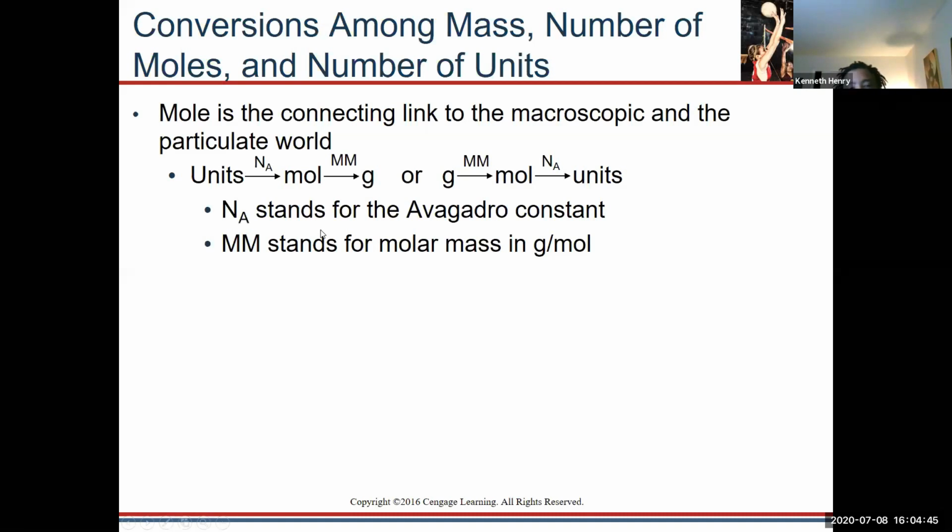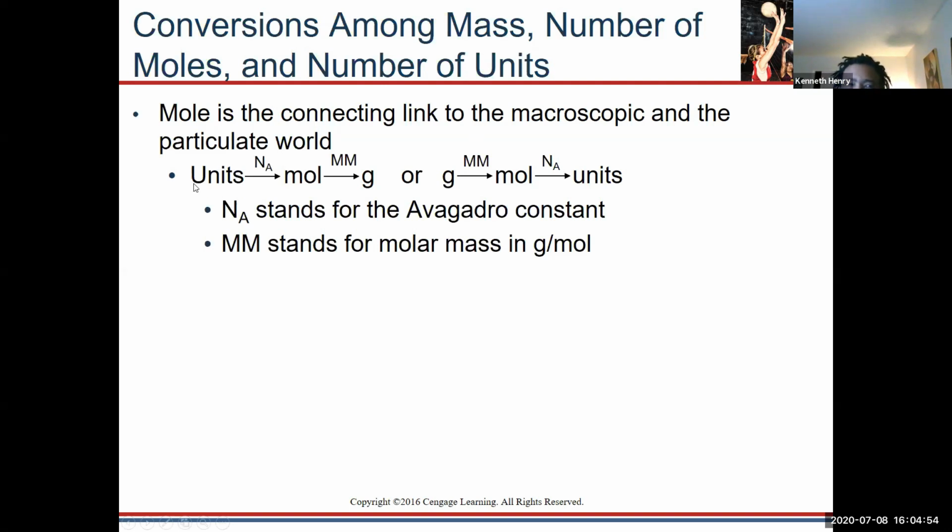Okay, so take home message. This is just a summary slide, right? If I'm given quantity, which they'll often use as units, be careful with that. If I'm given molecules or atoms or underwear or quantity, then I'm going to use Avogadro's number to change it into moles.